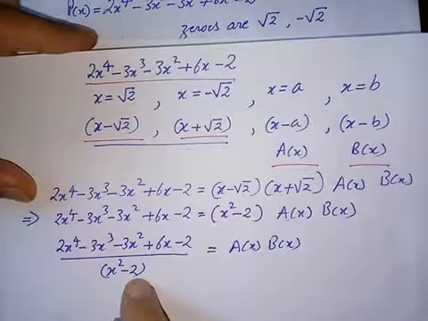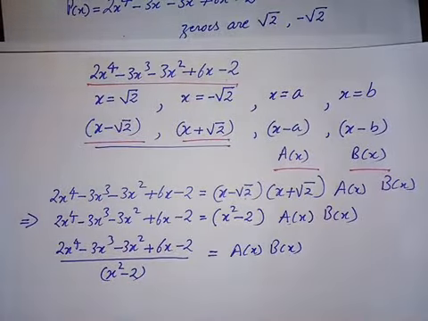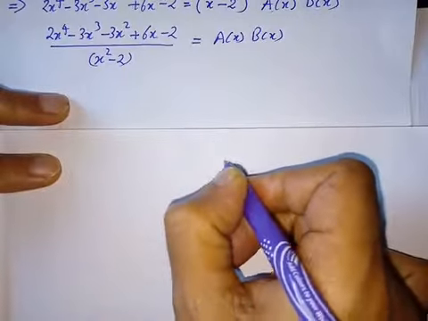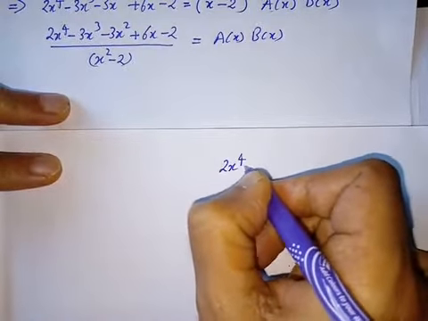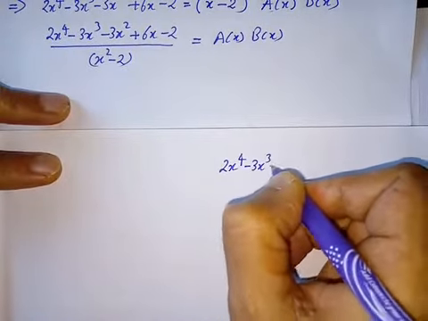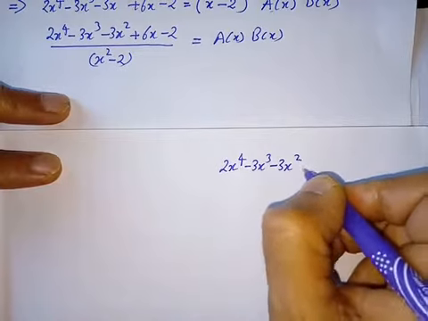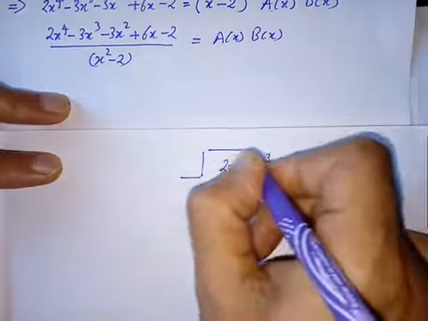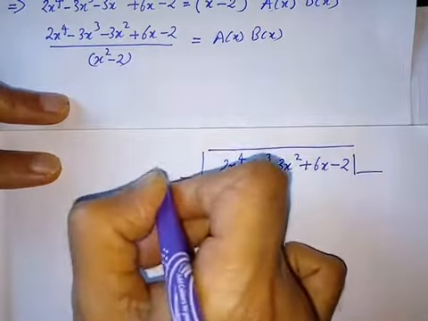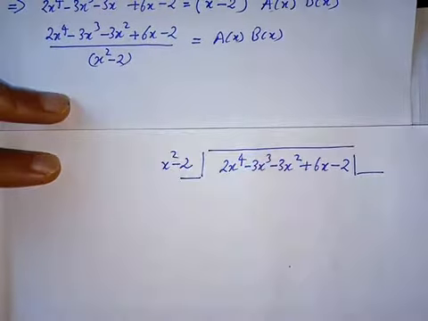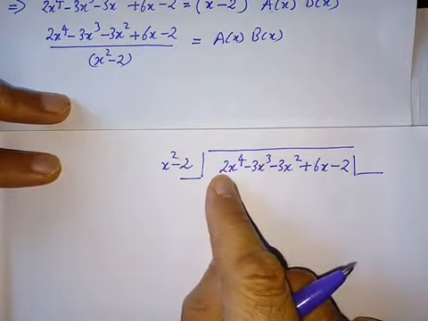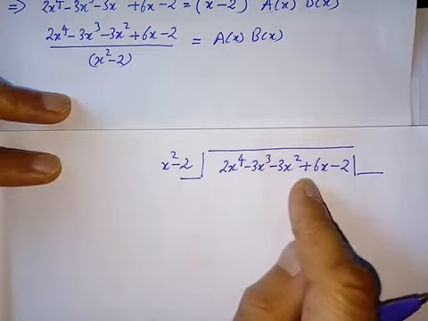Though the long division method is not a part of the question, we have to do it on the rough side. So we will divide 2x to the power 4 minus 3x cube minus 3x square plus 6x minus 2 by x square minus 2.